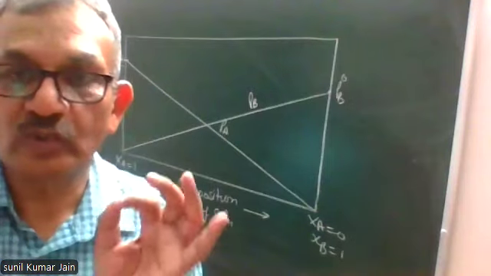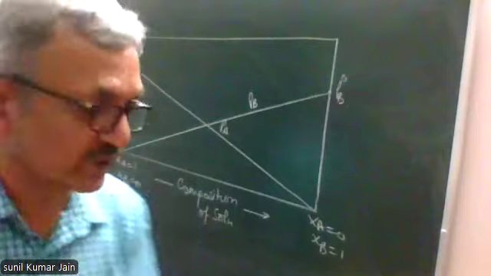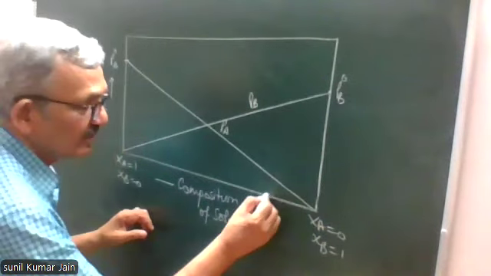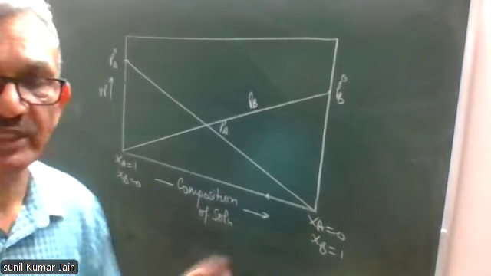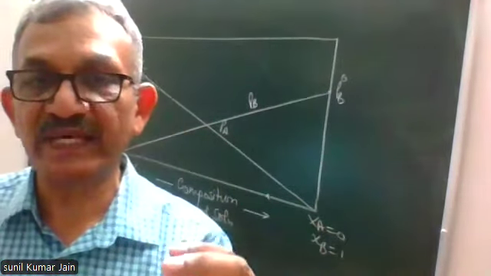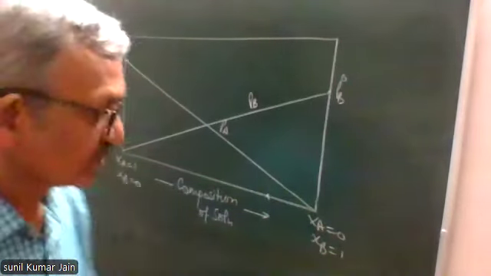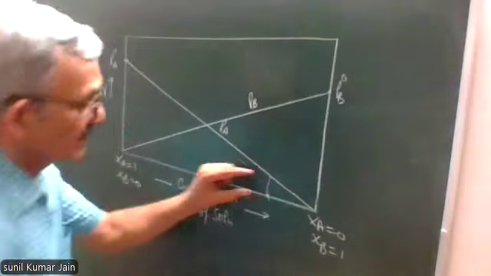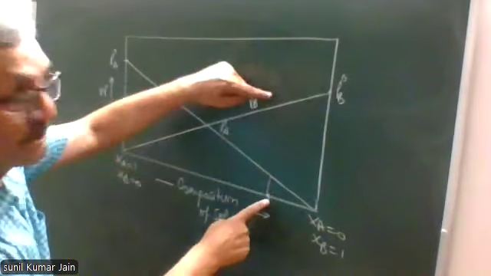Now, what is the total vapor pressure of the solution at any intermediate composition? Let us say I want to find the vapor pressure at this composition. I should know the values of PA and PB, add them, and I get the value of P total. This value is PA and this value is PB.